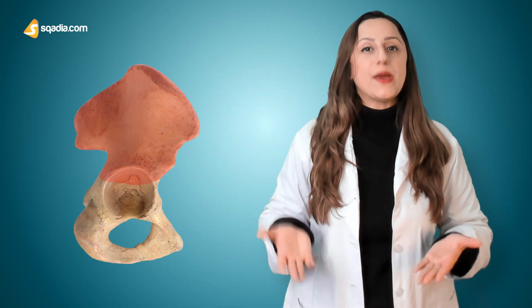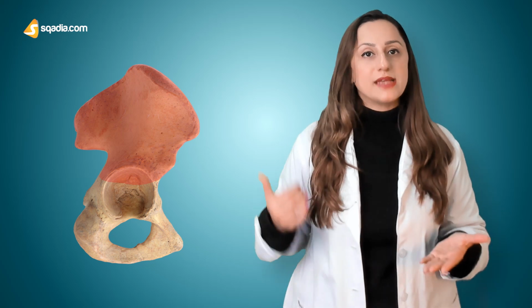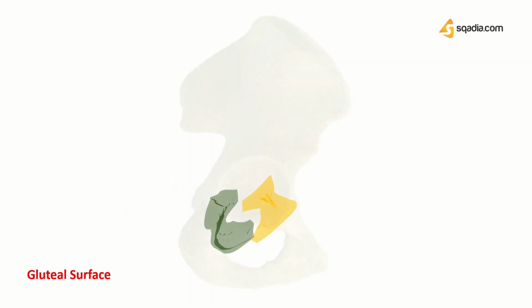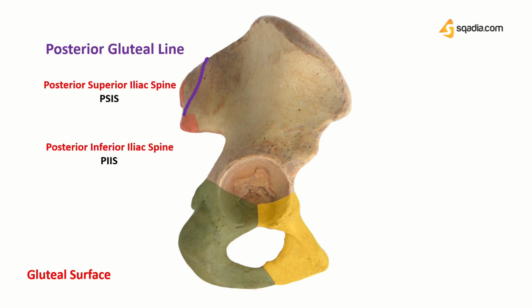First of all, let me show you the gluteal surface, which is basically an irregular surface, convex in shape in front and concave behind. So we have three distinct lines on the gluteal surface. First of all, the posterior gluteal line, which is the shortest, starting from the posterior superior spine and ending at the posterior inferior spine.